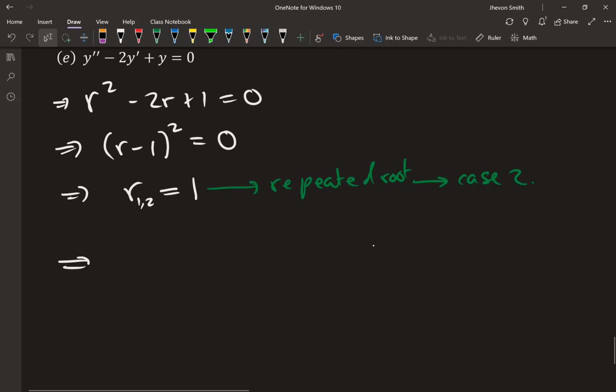And so this means our solution looks like, here's where you guys chime in. Let's see here. c1 e to the t plus c2 t e to the t. Yes, that's correct, based on case 2.